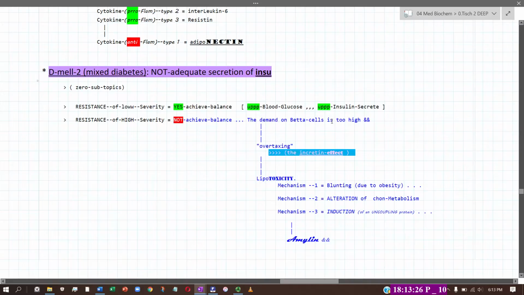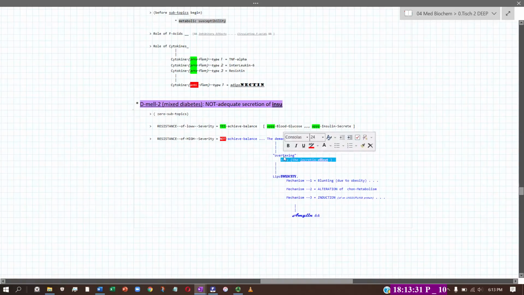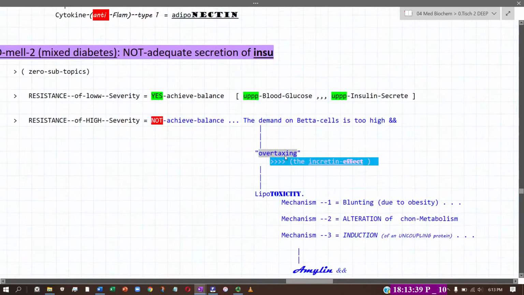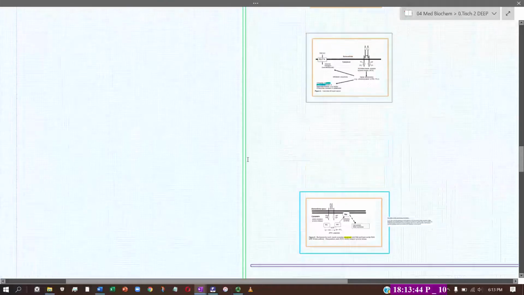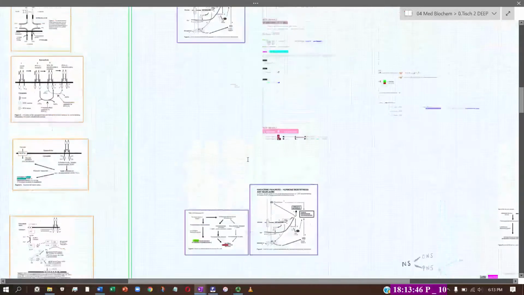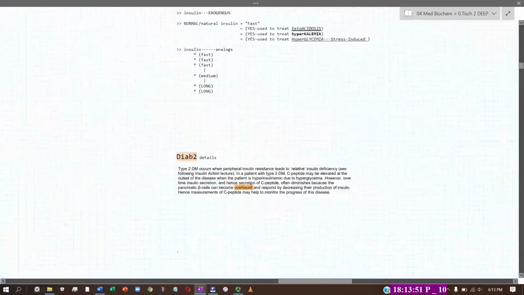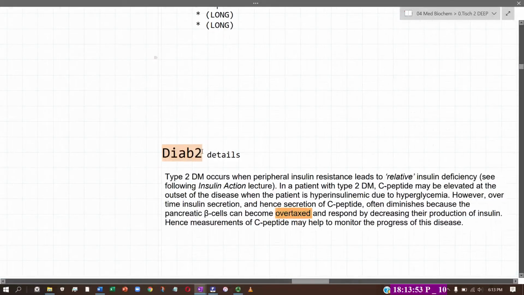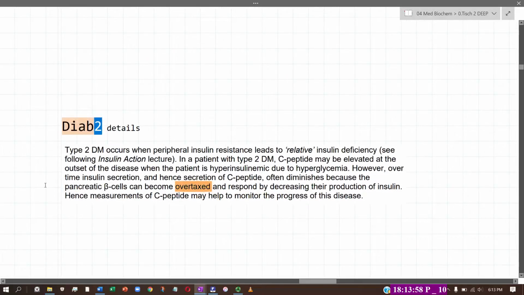The demand on the beta cells is too high. And remember, we pointed out an important term. Here it is: overtaxing. Let's go back up and find it also. It was here. When it comes to diabetes mellitus 2, pancreatic beta cells can become overtaxed.